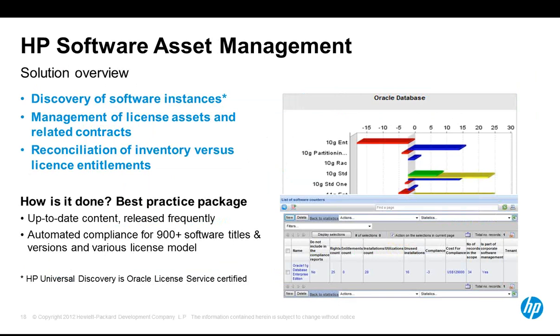Briefly, you saw here two screenshots from our solution. For example, one very simple report about compliance on your Oracle databases, and then you can always drill down to see the details. In this case, we are always as well providing the costs of the compliance or non-compliance.